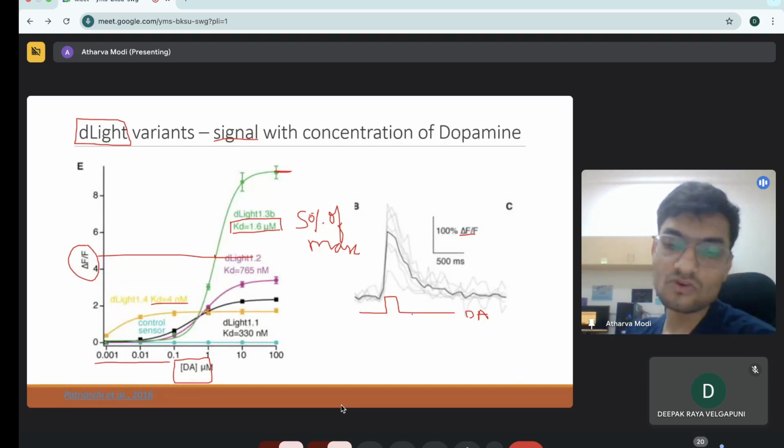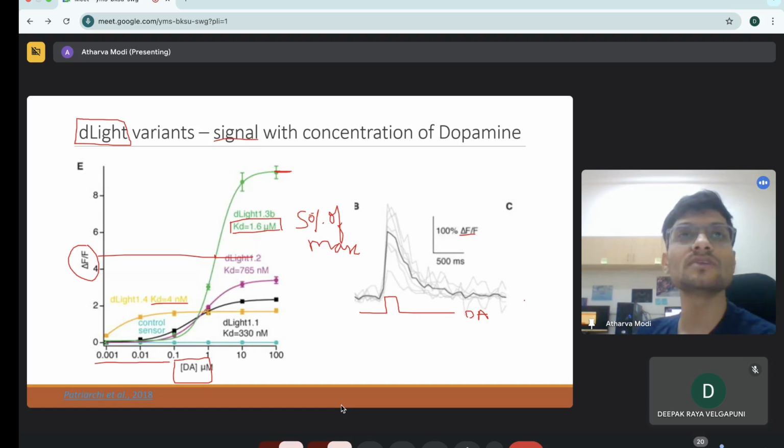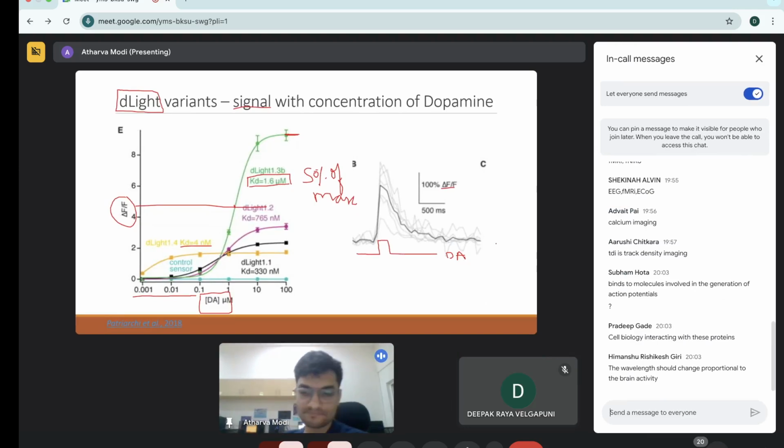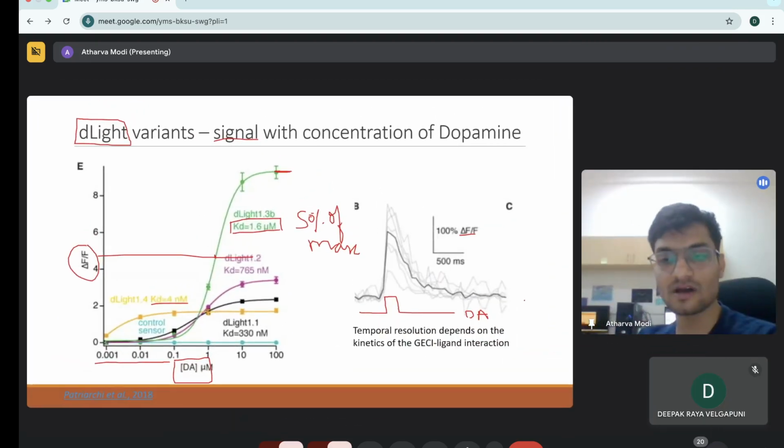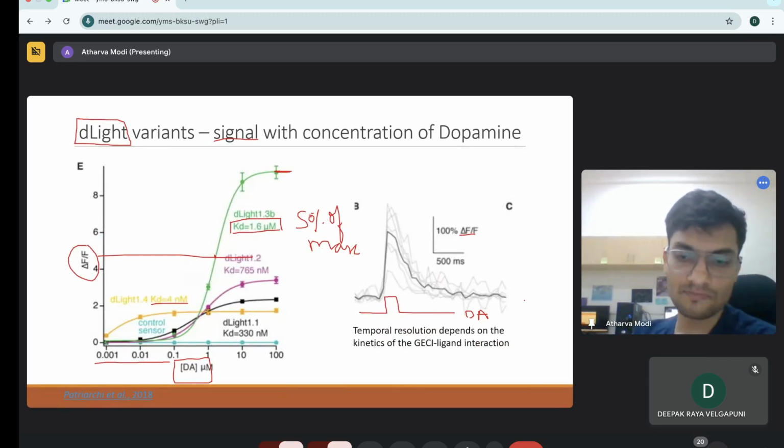Will anybody like to answer what these characteristics depend on, and what we need to consider about the sensor? Okay, so basically, it depends on the kinetics of the indicator and ligand interaction.